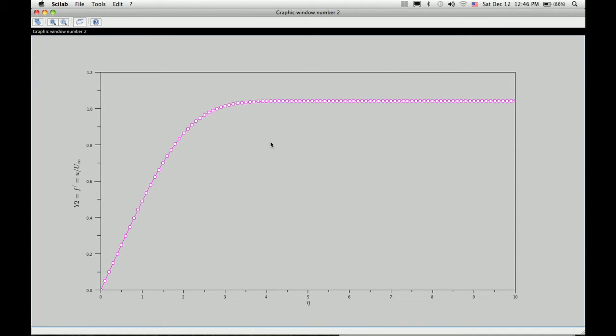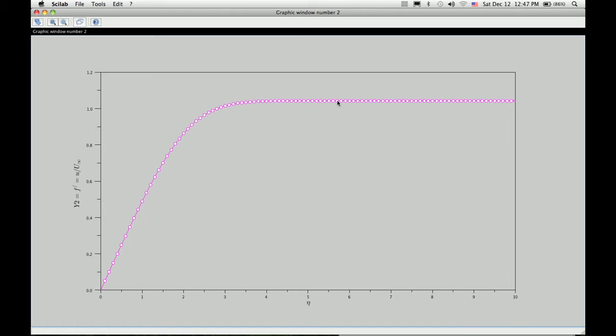Now, eta itself has x and y in it, right. If you see this plot here, for example, for an eta value of 5, the value of f dash is 1, okay. For an eta value of 6, the value of f dash is 1, okay. When will the value of f dash be 1?